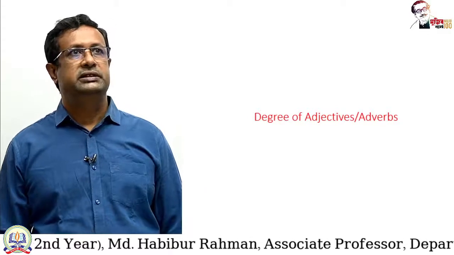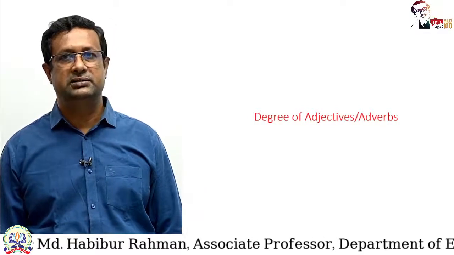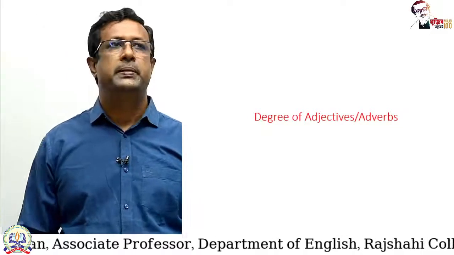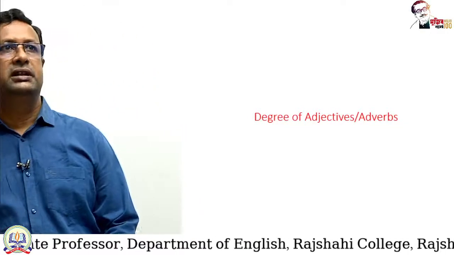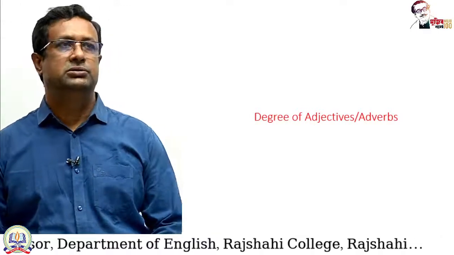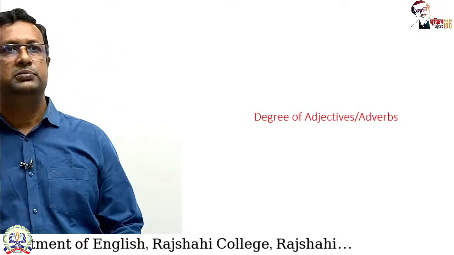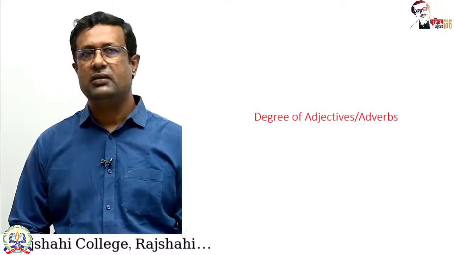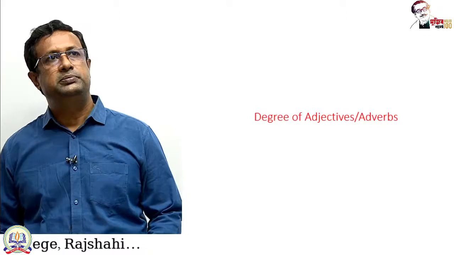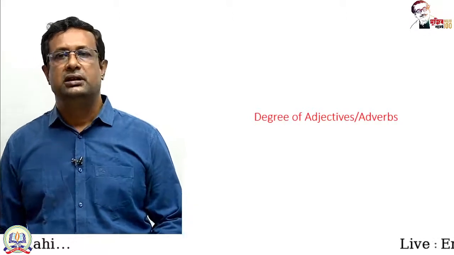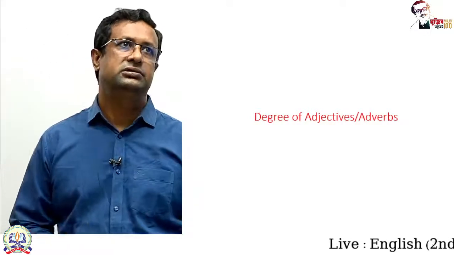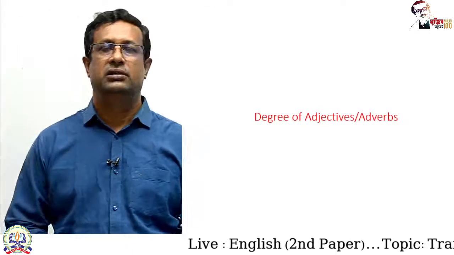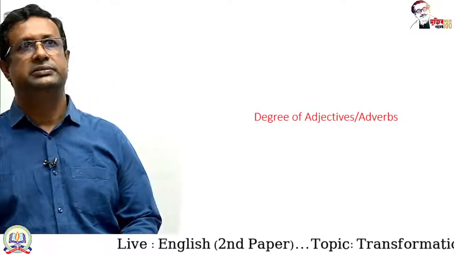We are discussing degrees of adjectives and adverbs. Today we will continue the class. In our previous class, I talked about changing from comparative degree to positive degree. In comparative degrees, we basically use phrases like than any other, than all other, than most other.